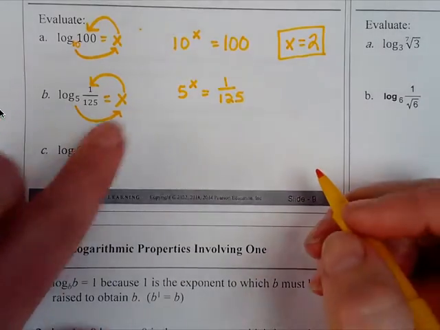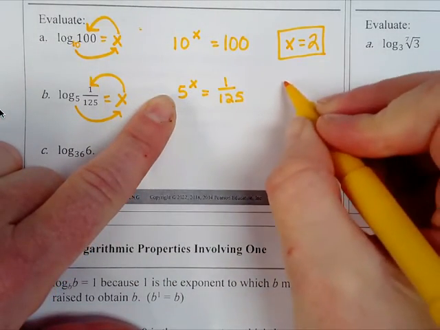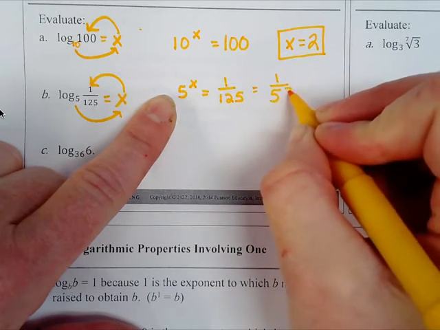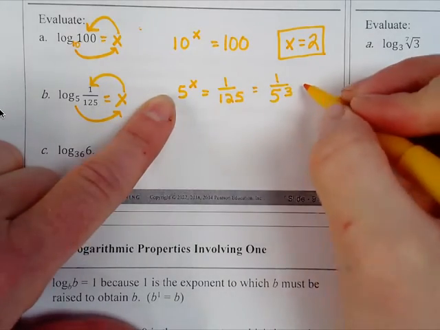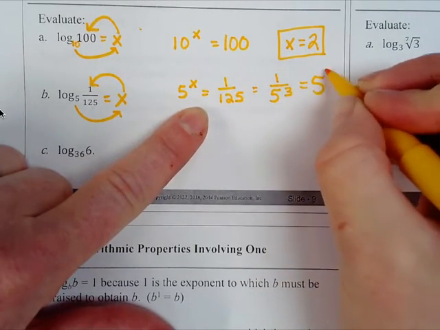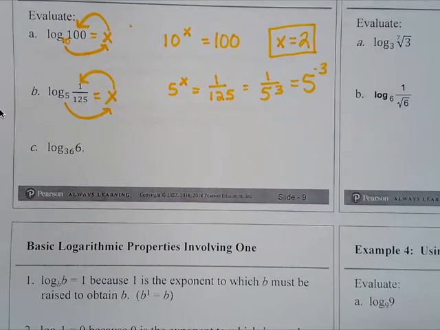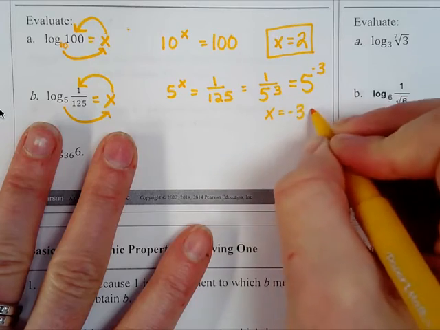Yeah, it makes it a fraction. So I could change this. So this would be 1 over 5 to the 3rd, right? Which, to get it up to the top, would be 5 to the negative 3. So you're looking for equivalent measures. So then x equals -3.